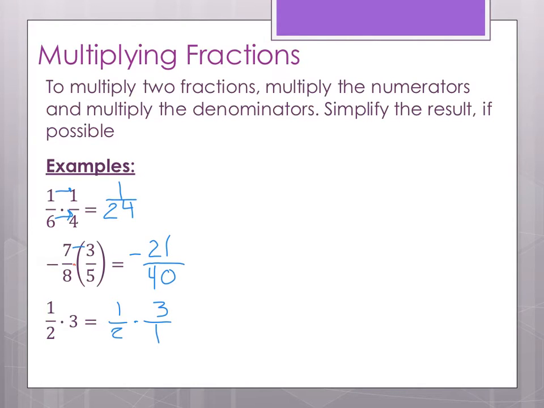Okay, remember I can write any whole number as a fraction by writing it over 1, because 3 divided by 1 is still 3. I haven't changed anything here. So I represented that whole number as a fraction by writing it over 1. Now I multiply across the top. 3 times 1 is 3, and 2 times 1 is 2. So I get 3/2, and I'm just going to leave that as an improper fraction.